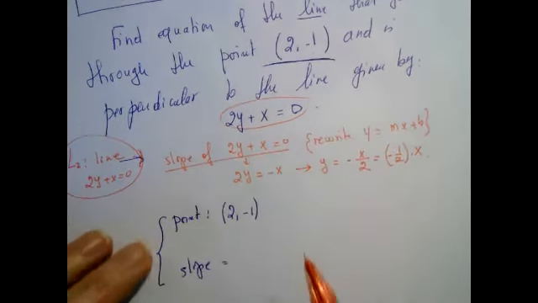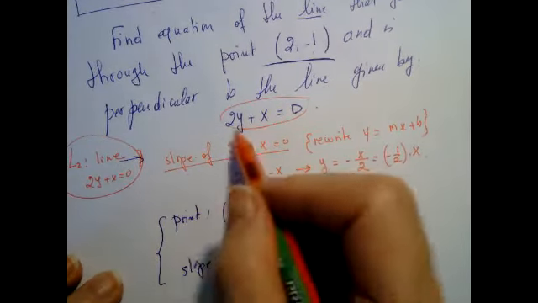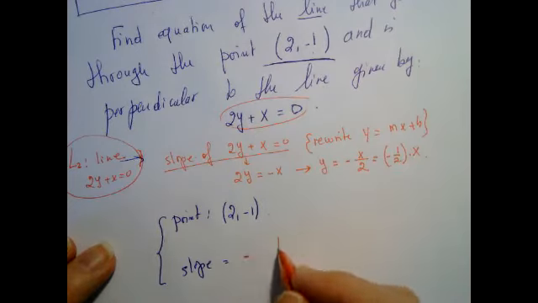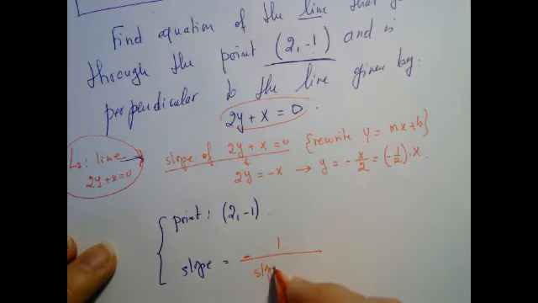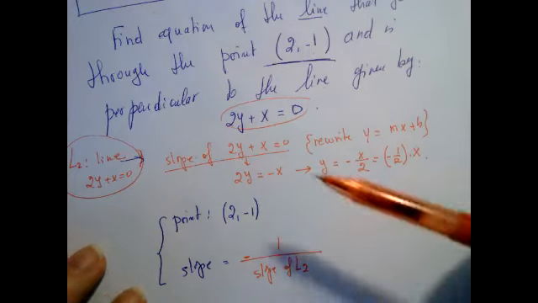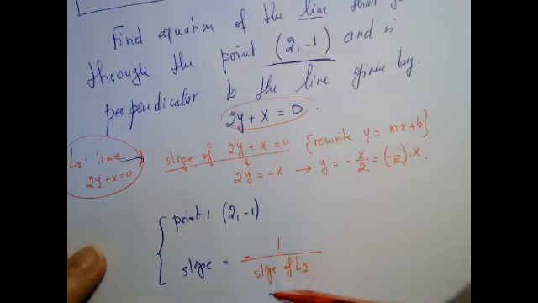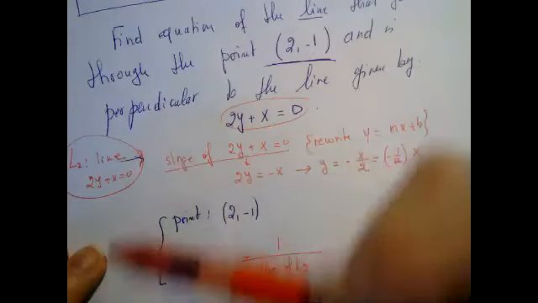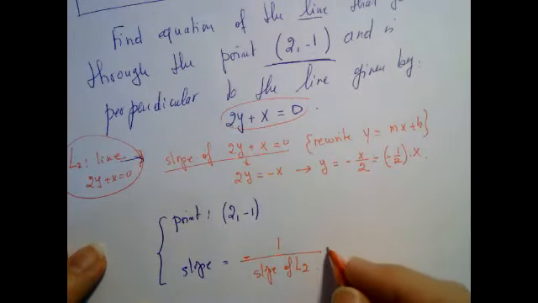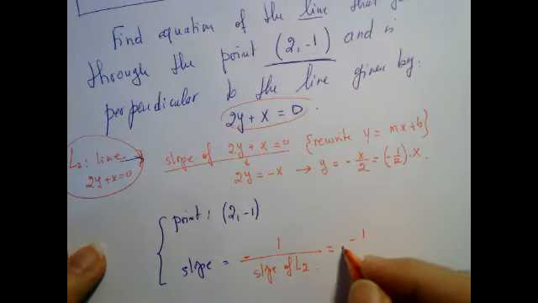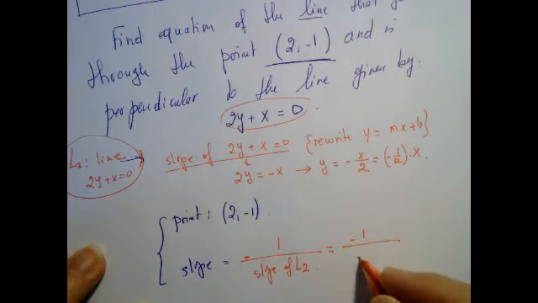So now I have the slope of this line, it's minus 1 over 2. The slope of L2 is minus 1 over the slope of this line. My line has the point 2, minus 1, and the slope is minus 1 over the slope of that, which is going to be equal to minus 1 over minus a half.